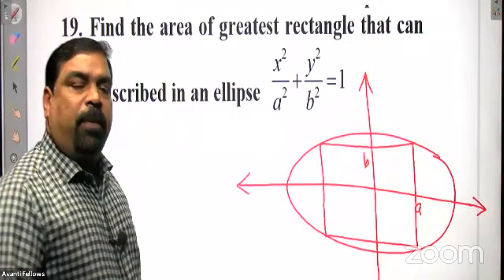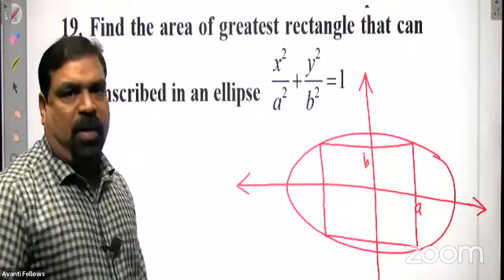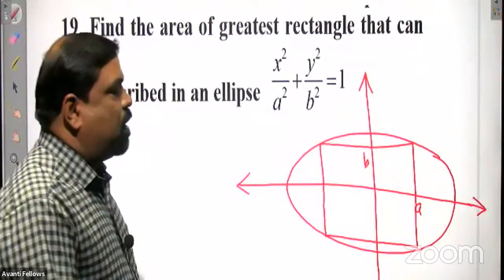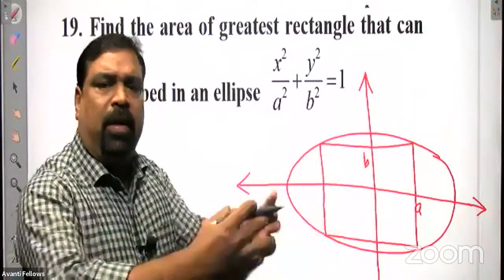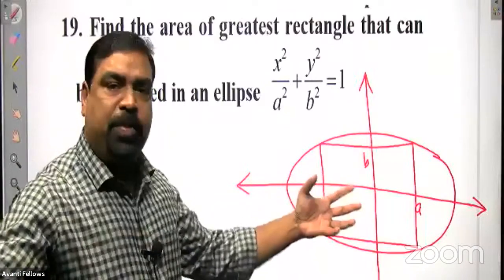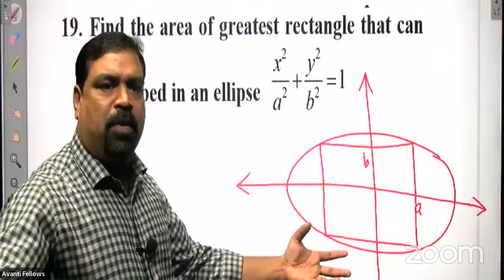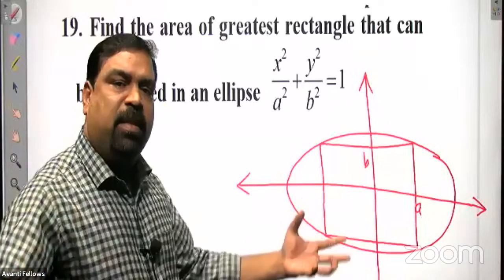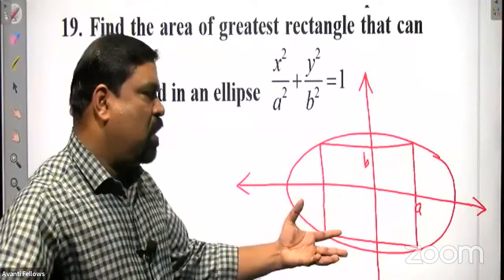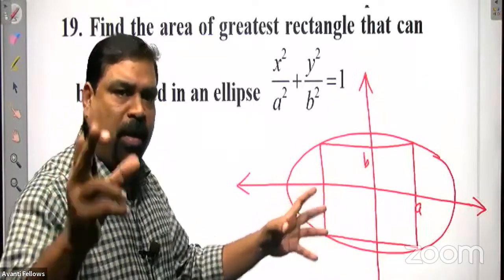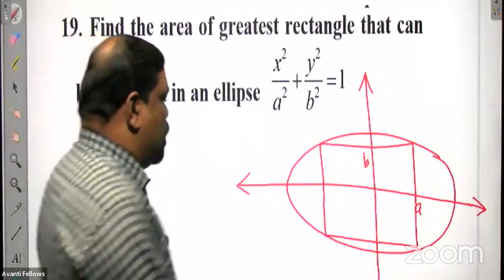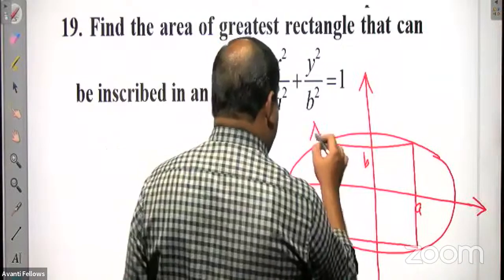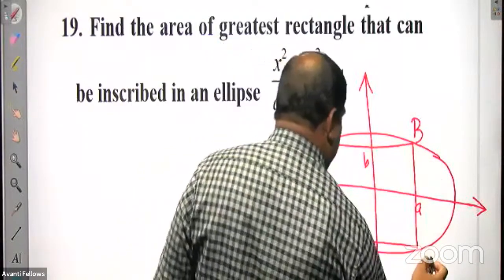So what is the maximum area which can be inscribed in this ellipse? That's the question. We can vary the length and breadth and we can inscribe different types of rectangles. So when we will get the maximum area, what should be the length and breadth of that particular rectangle? So let the rectangle be ABCD.